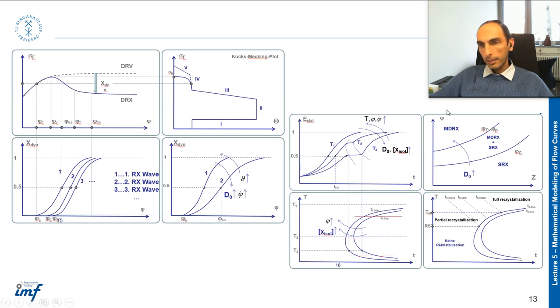And this graph is plotting the strain versus the Zener-Hollomon parameter. I talked about it before, and it shows that, for example, at a constant strain, by increasing the Zener-Hollomon parameter, the phenomena you have will change.